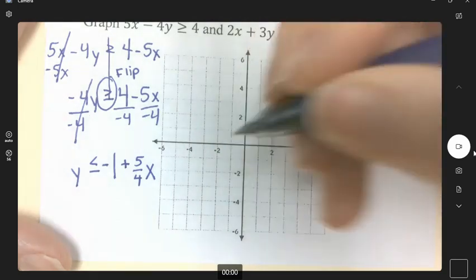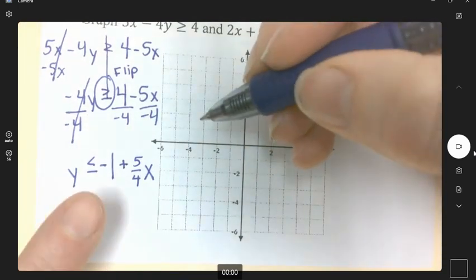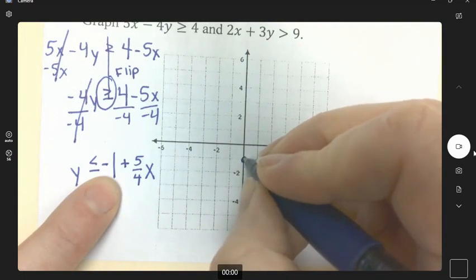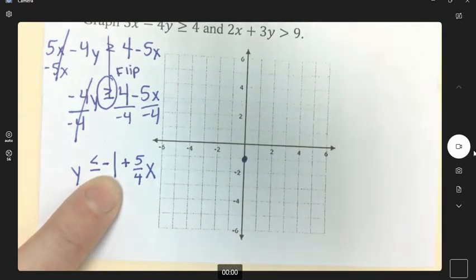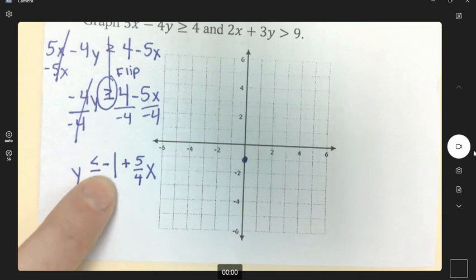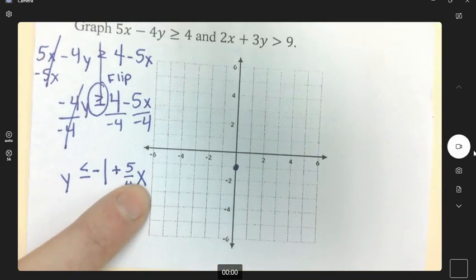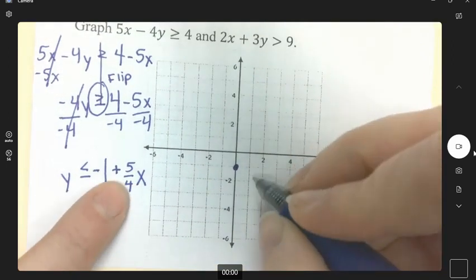So we need to graph these. To graph, we graph the y-intercept first, so go down to negative 1. That's our y-intercept, the negative 1, because it doesn't have the x. But our slope is the 5/4, because it does have the x. That's your mx. So let's do our slope.